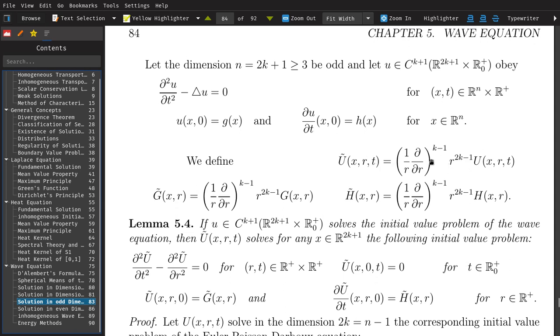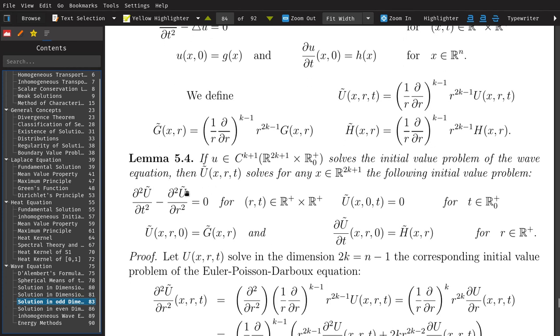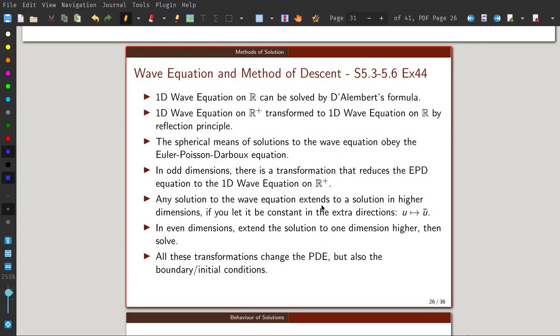And that transforms the Euler-Poisson-Darboux equation into an ordinary one-dimensional wave equation. However, because the radius is only defined for positive r, it's a one-dimensional wave equation on the half line. But that's okay, we know how to solve that. So that handles all the odd dimensions.